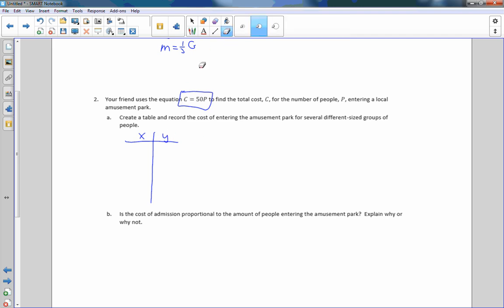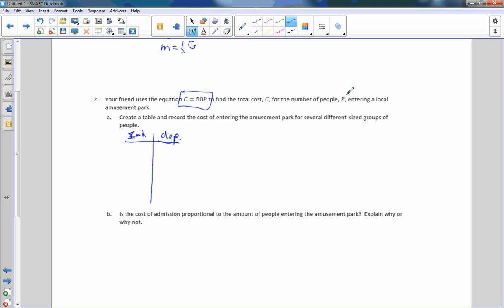But then I'm going to erase my x, and I'm going to call that independent, and I'm going to erase my y, and I'm going to call that dependent. I'm just going through this to solidify this understanding. This is dependent. Okay, so finding the cost, C, people entering.